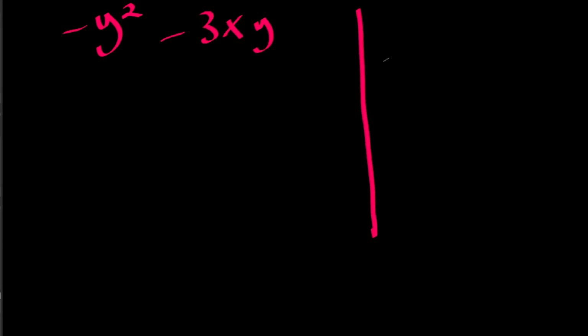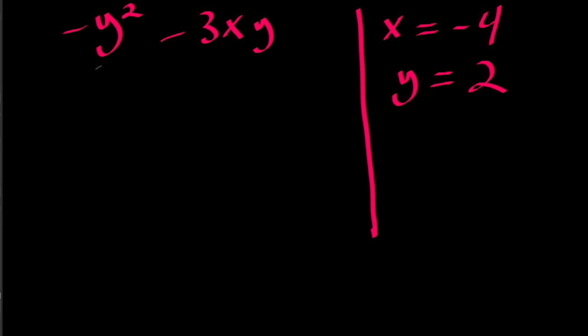All right. Let's do negative y squared minus 3xy. And I want to know what this is equivalent to, or what this evaluates to when x is equal to negative 4 and y is equal to 2.